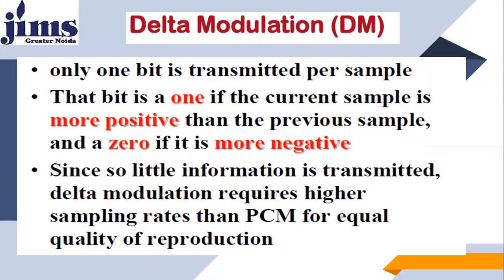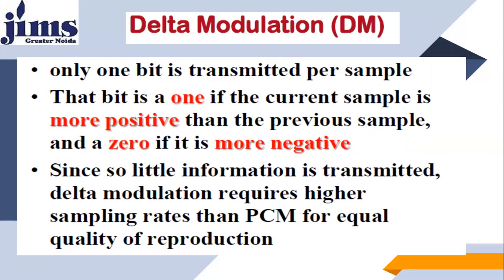The meaning is that each sample is compared with the previous sample in delta modulation, right? If the present sample is more as compared to the previous sample, then 1 is transmitted. If the level of the present sample is less than the previous one, then 0 is transmitted.